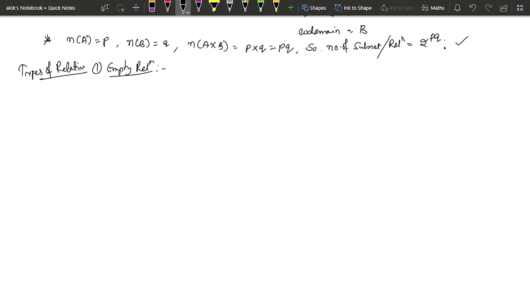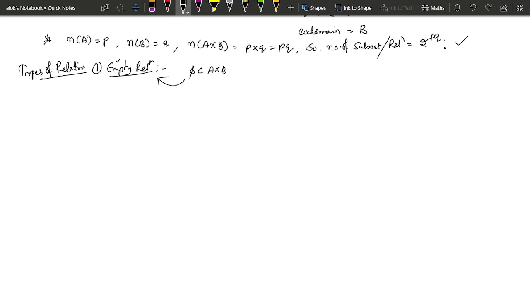The term empty clearly defines the relation: a relation that has no element. We know that phi is a subset of every set, so phi is also a subset of A cross B. So the relation phi is called the empty relation.